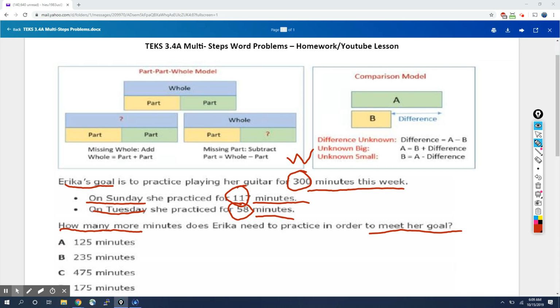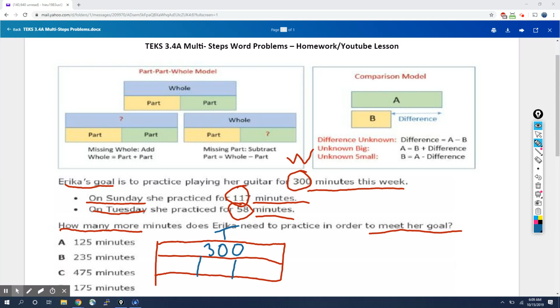So I'm going to draw my strip diagram here, okay? I know she needs to practice 300, so I'm going to write 300. That's the total that we have. She needs to practice 3 different times to complete her goal. When I divide my strip diagram, it doesn't have to be perfect. I just need to know there are 3 parts.